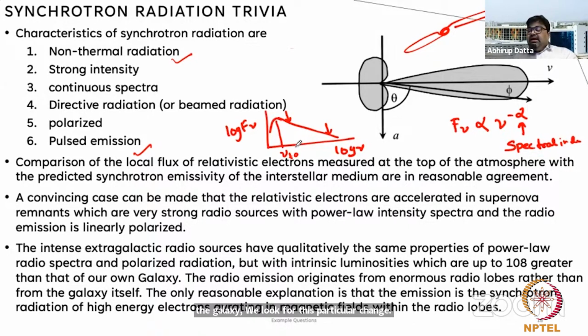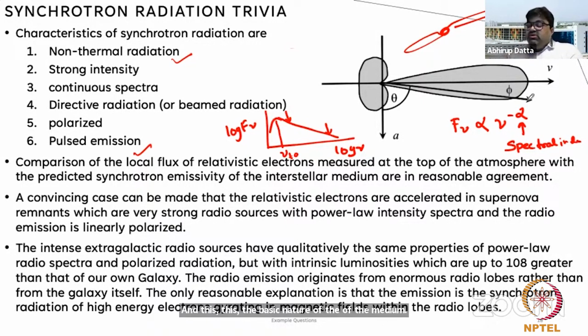This particular feature, the spectral index, is a very important parameter, and we will show you how in the next 2 weeks. This alpha has a lot to do with the basic nature of the medium which is emitting synchrotron radiation.